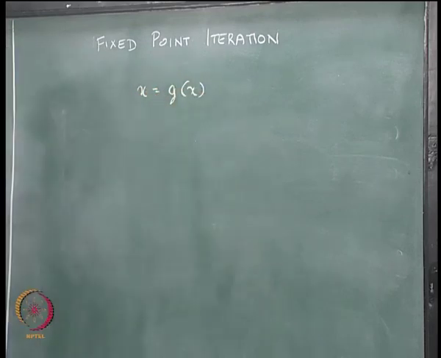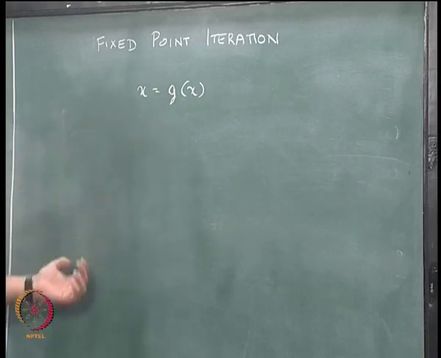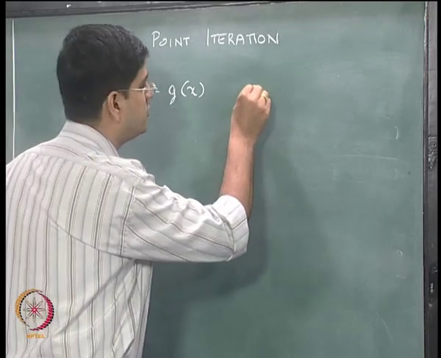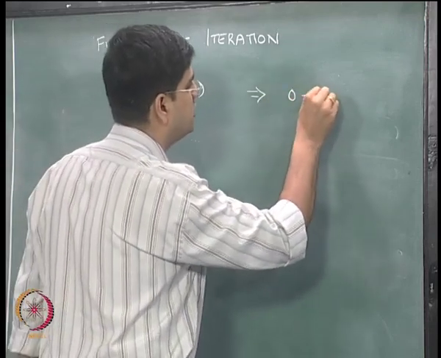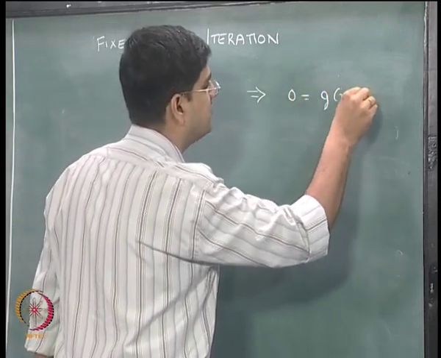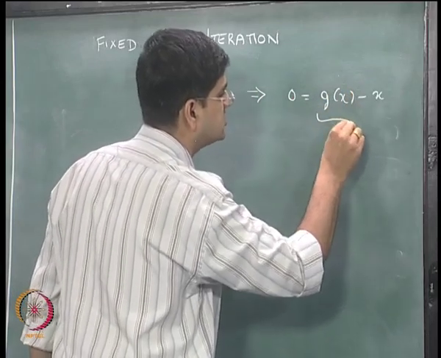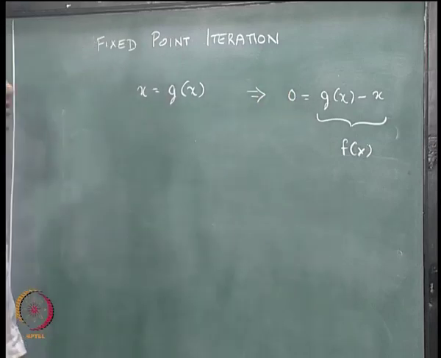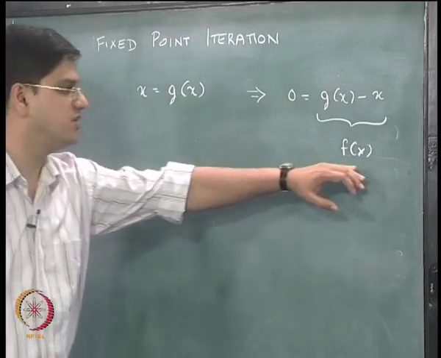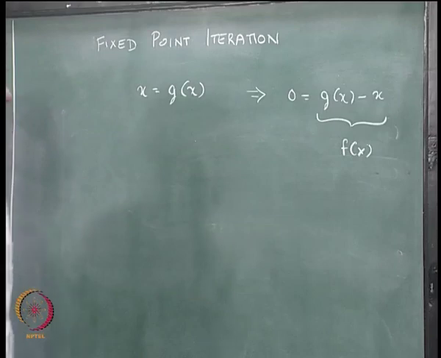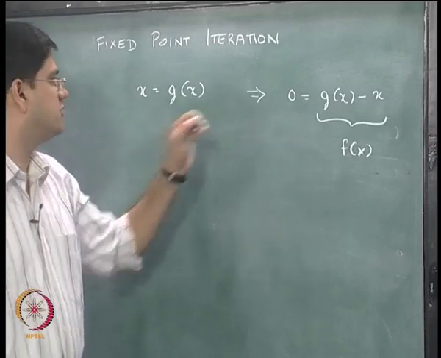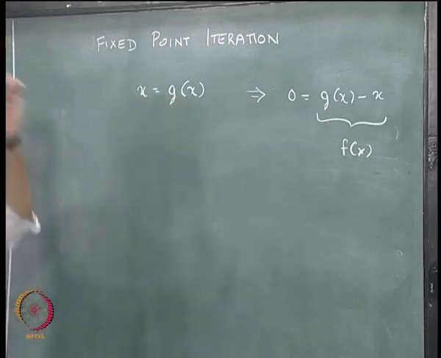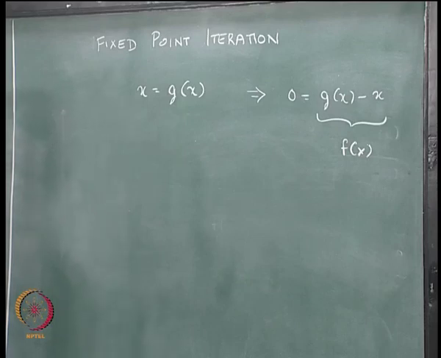This is nothing but a recasting of the original problem in this particular form. If we were to write this down as 0 equal to g of x minus x, this becomes our f of x, and f of x equal to 0 is the form that we have looked at so far. Now the question is whether x equal to g of x is going to be unique, and the answer of course is no.